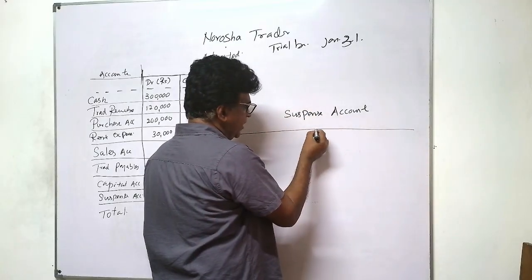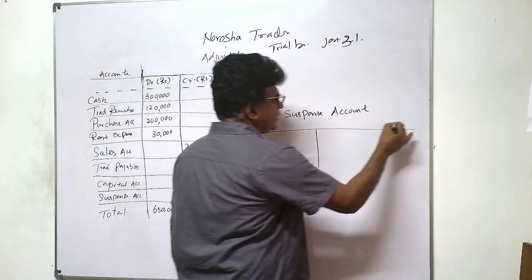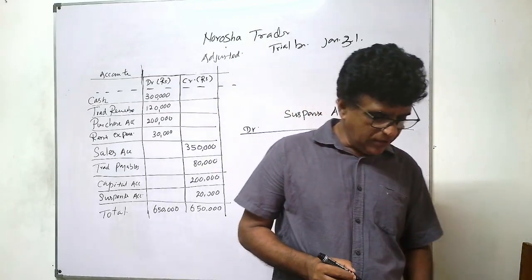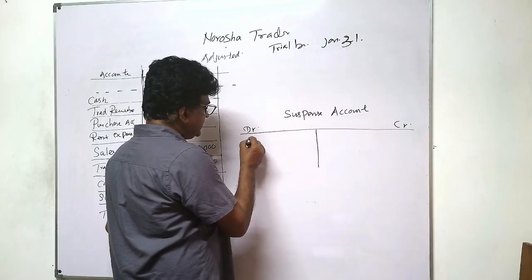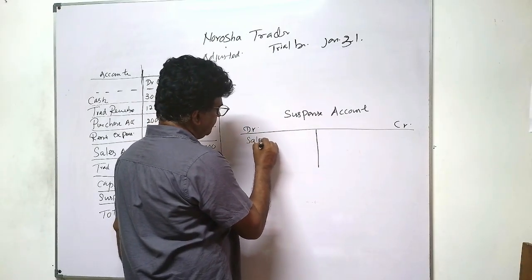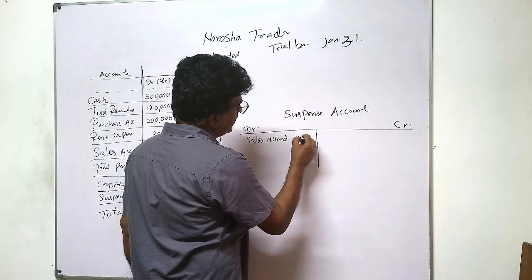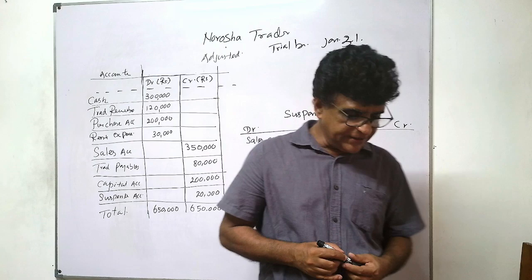Show the T account, DR and CR, suspense account. What are we going to do? Sales account, we have debited 20,000. This is the way we are going to close the suspense account.